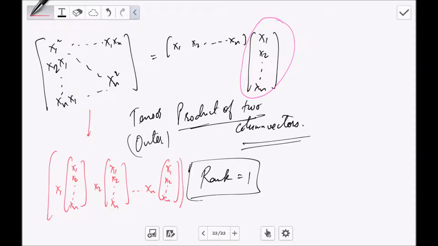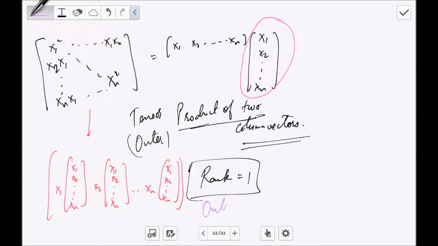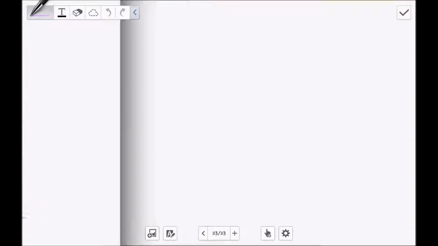So the number of independent columns is only one. Only one independent column. Okay, so covariance matrices are rank 1 matrices.